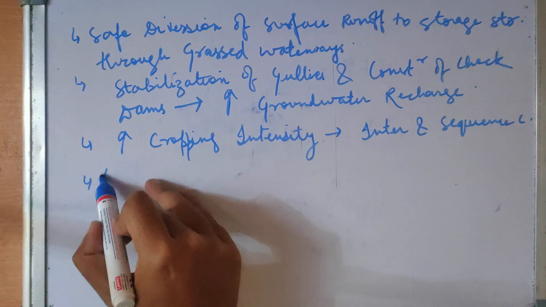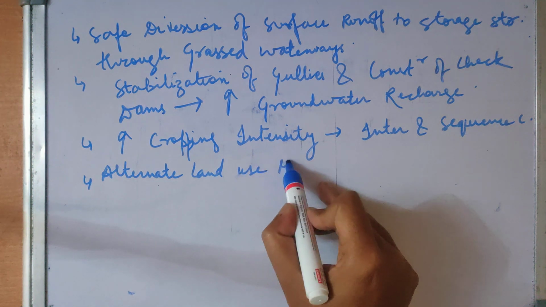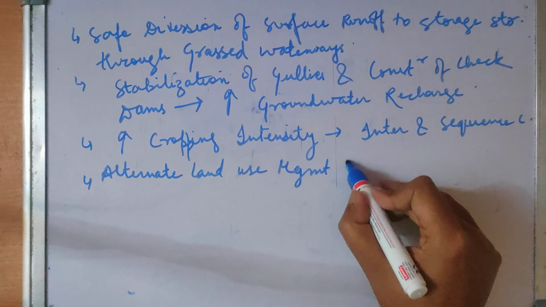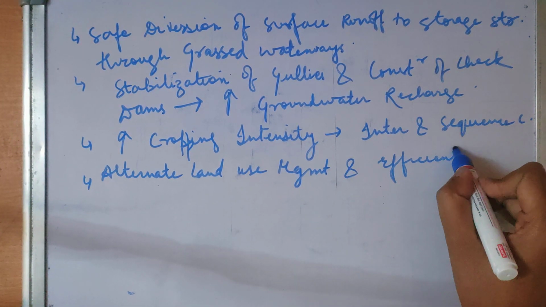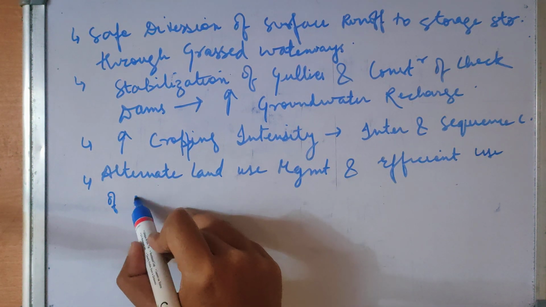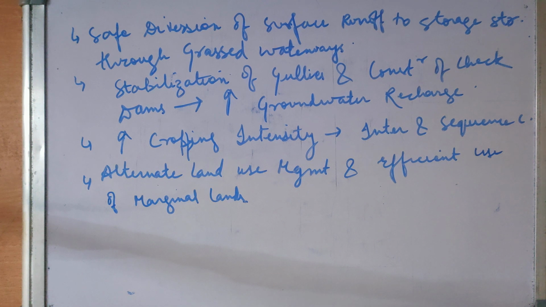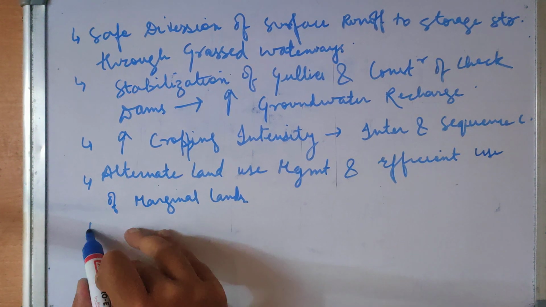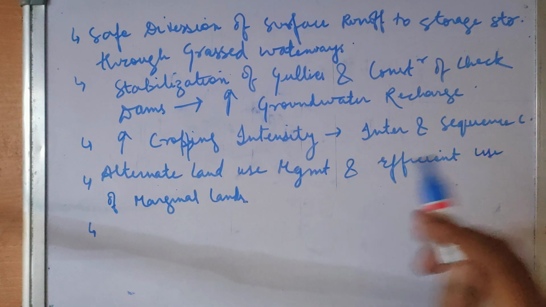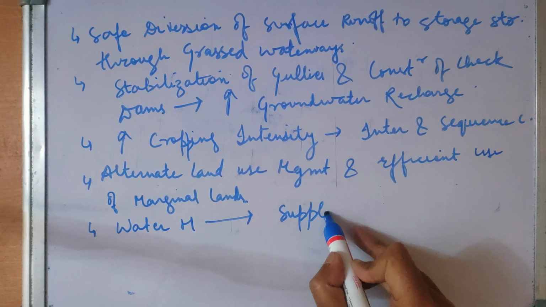Alternate land use management and efficient use of marginal lands. Water harvesting for supplemental irrigation.